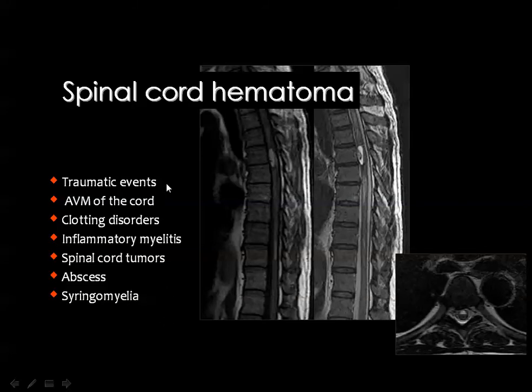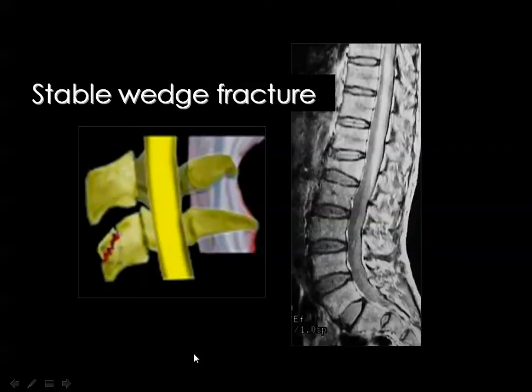Actually, trauma is one of the major or common causes. Then the presence of an arteriovenous malformation that causes some bleeding, clotting disorders, inflammatory myelitis. You remember the acute demyelinating encephalomyelitis. Some of the spinal cord tumors may bleed. Abscesses and syringomyelia may show some internal hemorrhage.